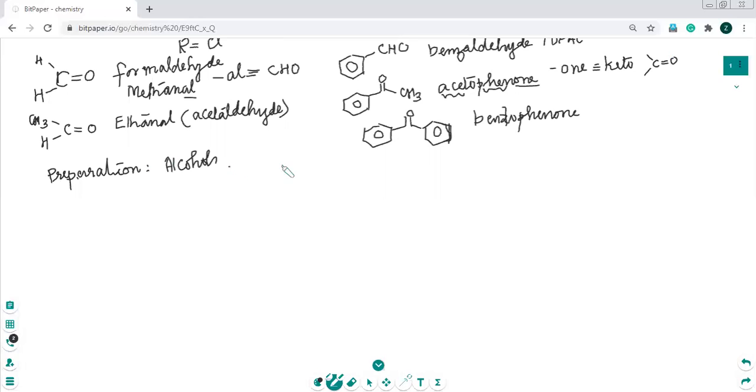Oxidation of alcohol will give you aldehyde or ketone.